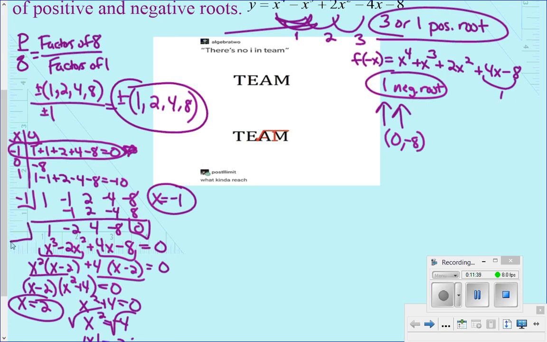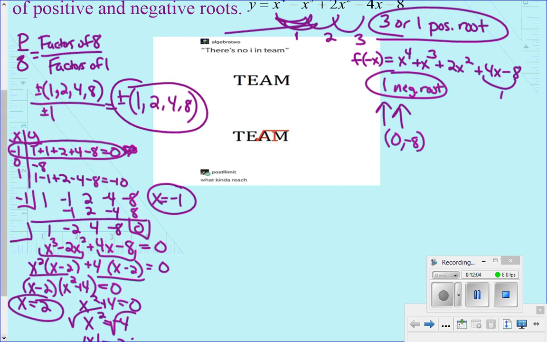a second time. But when I try numbers from my list here in synthetic division, I'm not going to bother trying any of the negatives. And again, why that is, because Descartes told us there's only one negative real root, and we already got one negative real root. So I don't care about -1, -2, -4, -8.